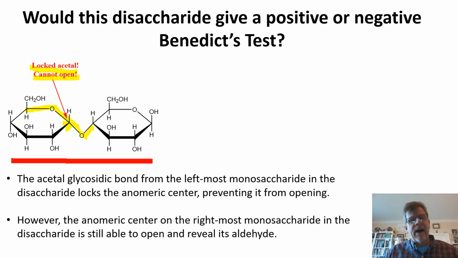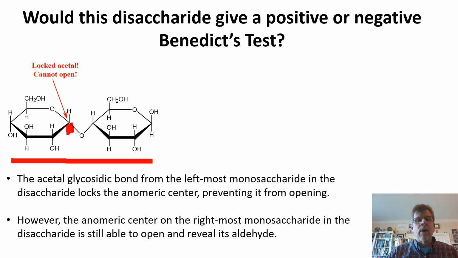The hemiacetal, C-O-C-O-H, can still open up. So while it might be tempting to say that if we treated this with a Benedict's test it would give a negative result, because this anomeric center is locked and cannot open up to bear its aldehyde.